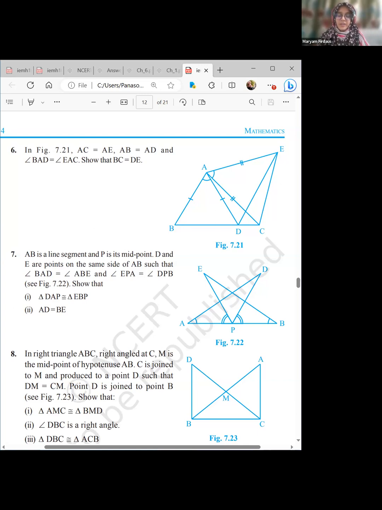We haven't yet proven it. Something else is given as equal. EP is equal to DP. That is also not given in the question.